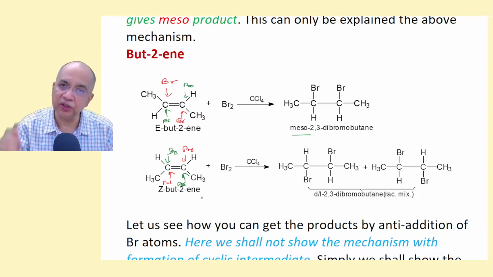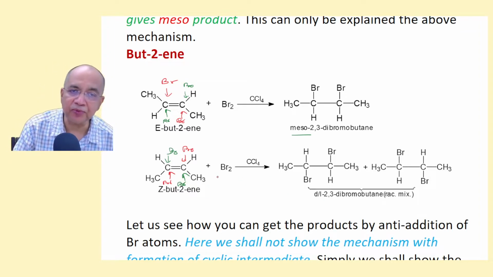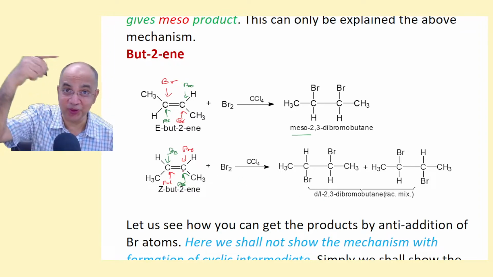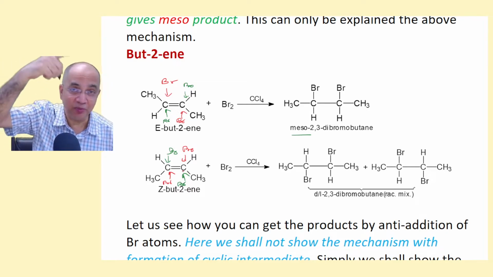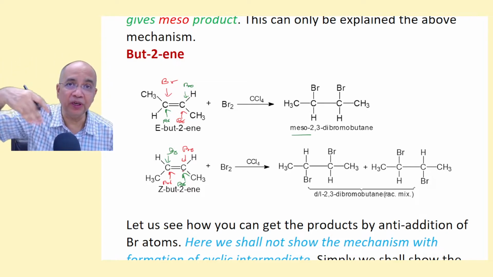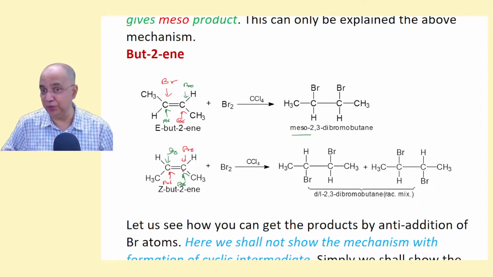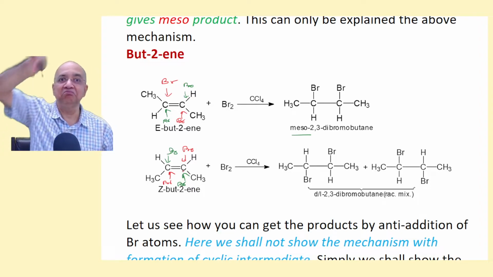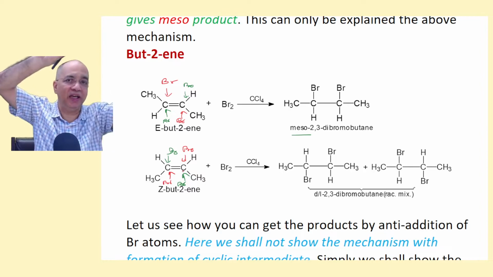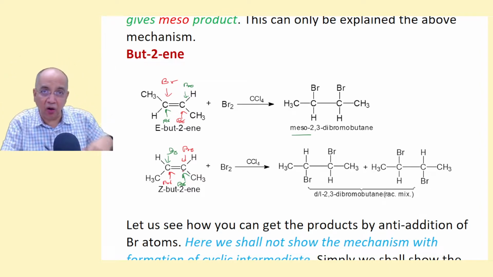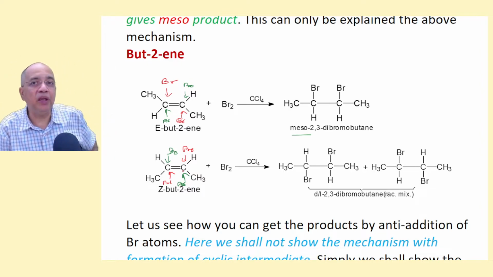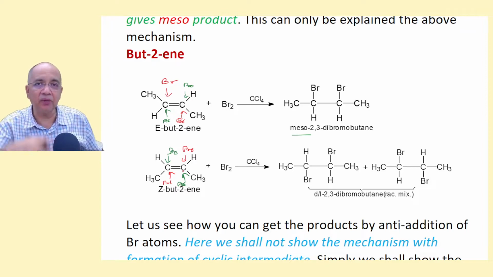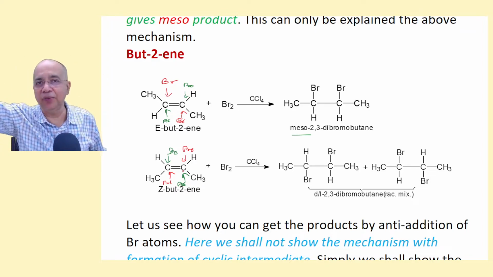So that is an optically active form, and in fact these two things I told you: the bridged bromonium ion will be opened in two possible ways, bromide ion attacking here with the other bromine standing up in this position, and the bromide ion attacking the other carbon with the other bromine standing up in the other position.